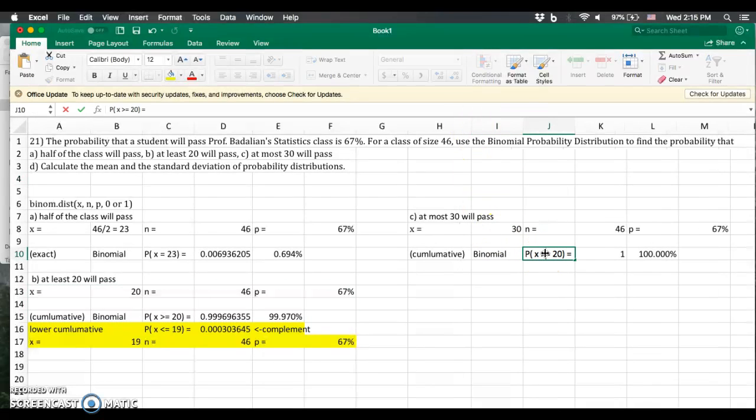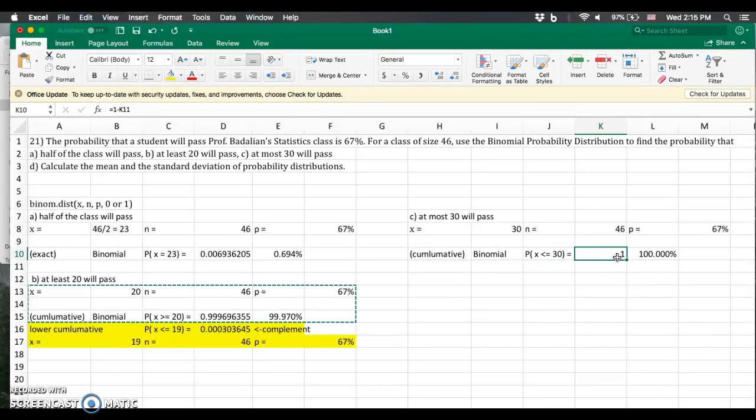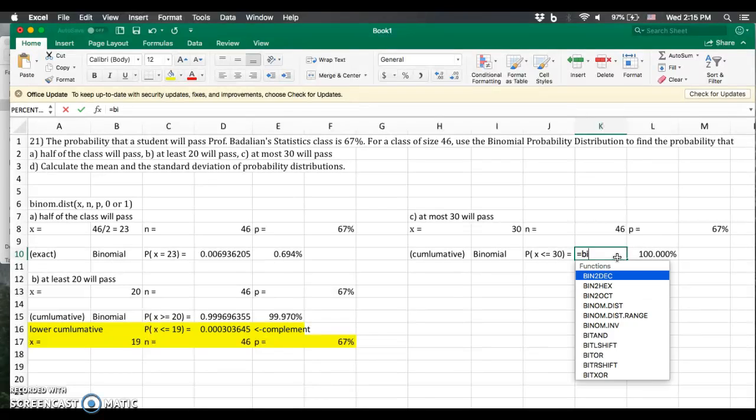The probability we're looking for is at most 30. That means anything less than 30, so less than or equal to 30. So this is the lower cumulative portion. Then we don't need to find any middle steps. We can just directly use the binomial.